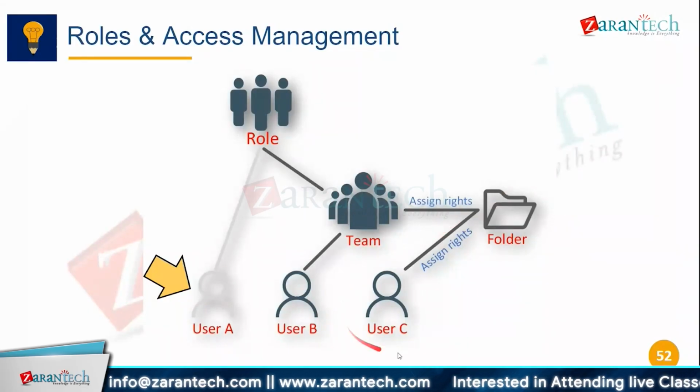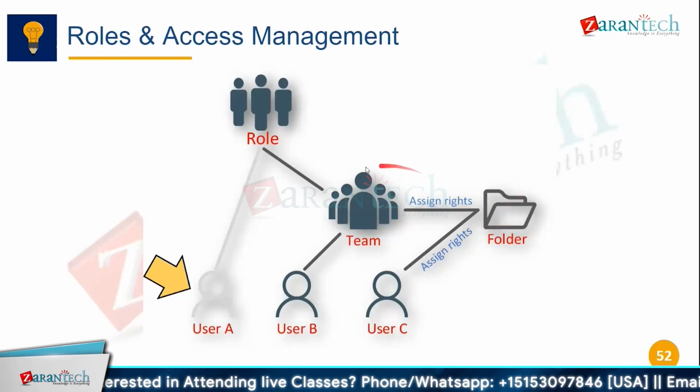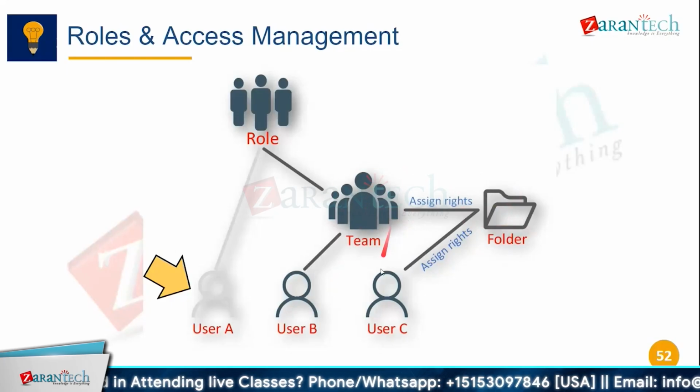To avoid such situations, it's always suggested to assign teams to the folder. So basically, this folder is a SAC business intelligence project folder. You have a SAC business intelligence team. You assign this team to the folder. Whoever is part of that team, you can add and remove at a later point of time. That way the maintenance is very easy.